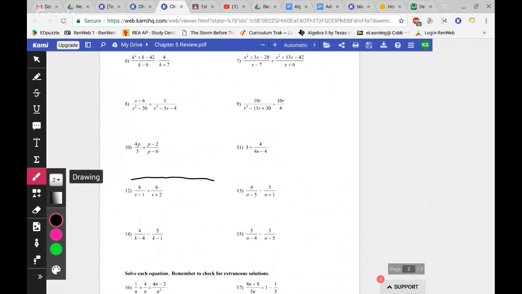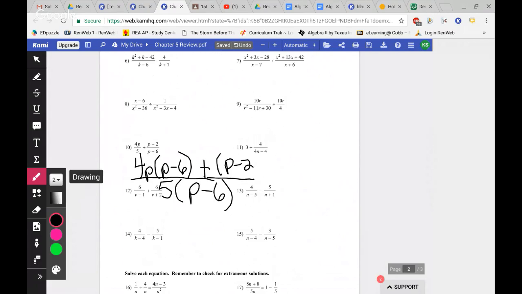I've created the common denominator, which is going to be 5 times p minus 6. And over here, this 4p is going to be multiplied by p minus 6 to make up the difference. And on this side, I'm going to have p minus 2 times the 5.